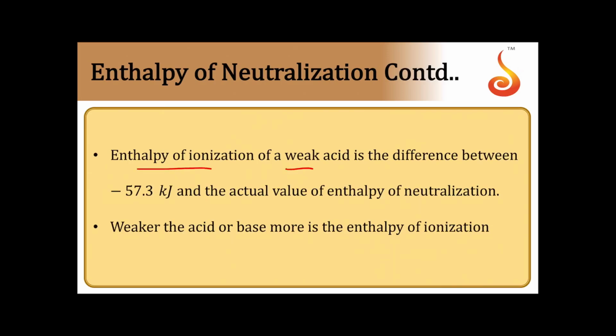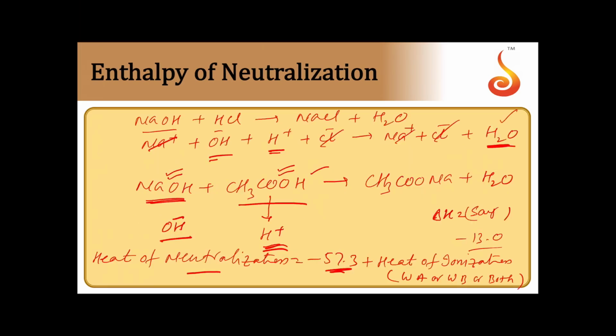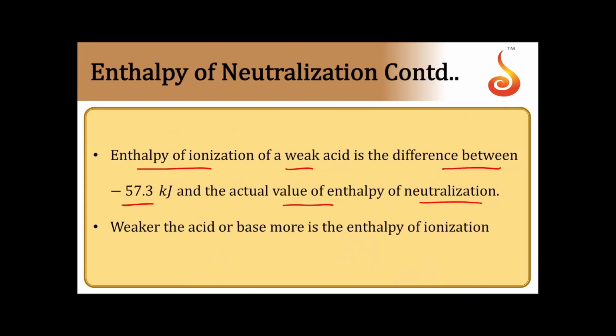So the enthalpy of ionization of a weaker acid is the difference between minus 57.3 and the actual value of the enthalpy of neutralization. From the formula we can understand that the heat of ionization will be equal to the difference between the heat of neutralization and 57.3.